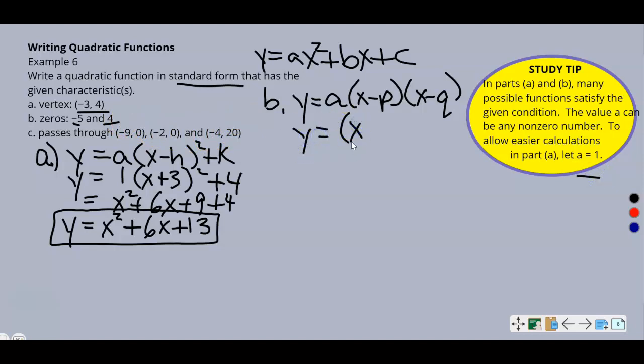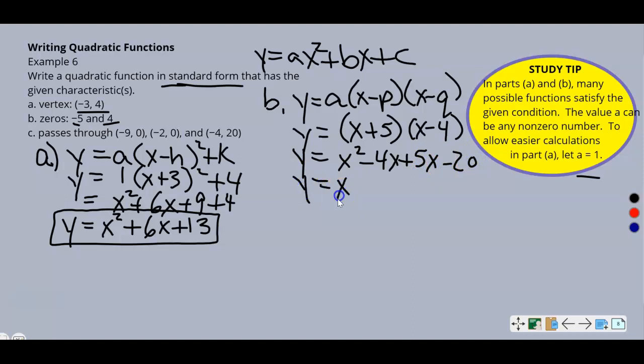So x minus -5 would become x + 5, and then x minus 4. Once again, we have written the equation using the given information, but we need to change it to standard form, so we're going to have to multiply this out. x times x is x², then -4x + 5x, and then -20.